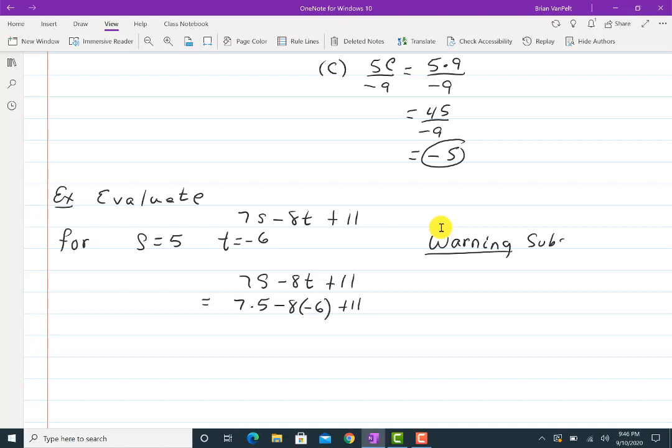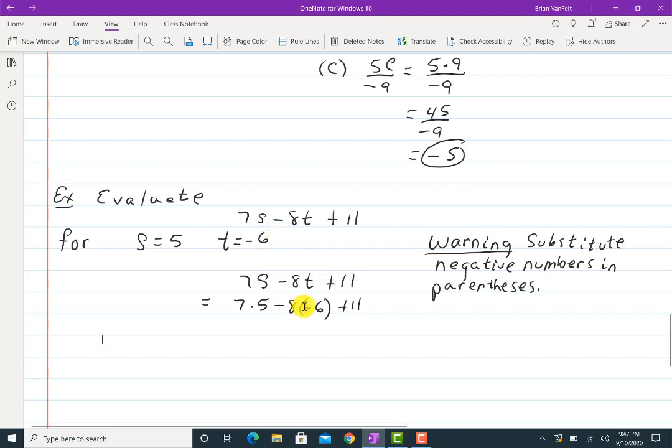Substitute negative numbers in parentheses. So what I'm talking about is right here, this negative 6. Do you notice I put it in parentheses? If you don't, it'll look like you're subtracting 6 and you won't know to multiply by it.